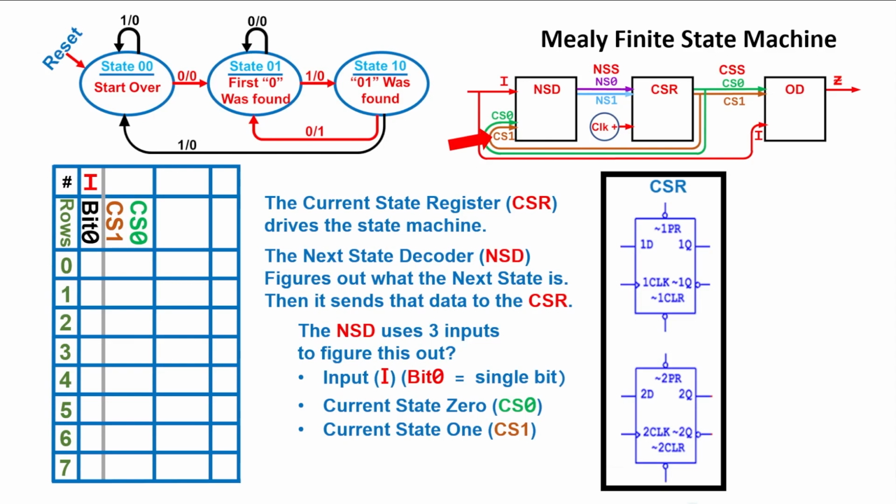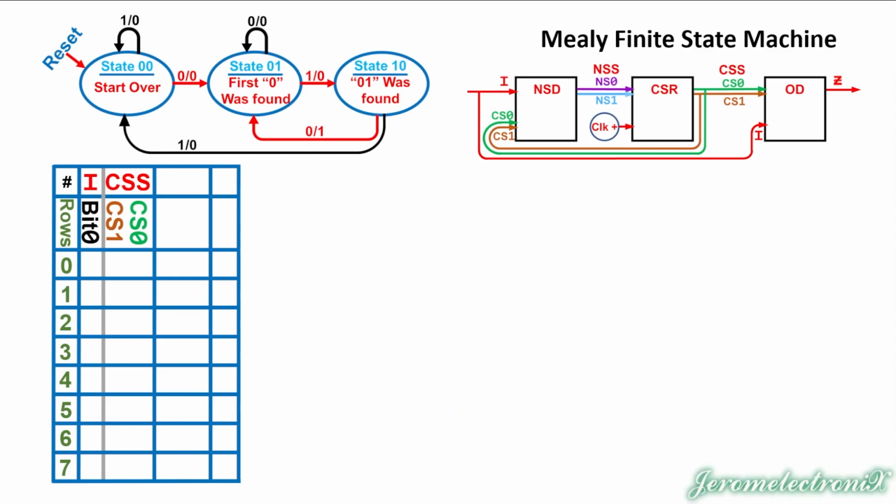But also, we need to be able to feed the flip-flops 2 numbers. And so these 2 columns represent each of the flip-flops and the numbers we receive, and in the next column, the output column, it'll be the numbers that we send to them. So this column is also inputs. It's the CS inputs, CS0 and CS1.